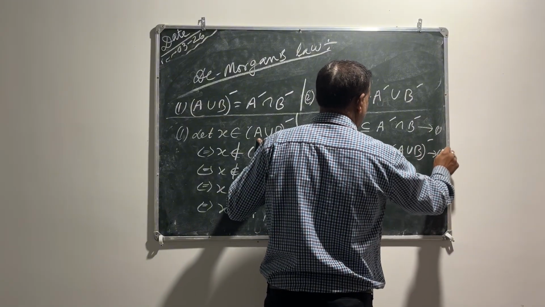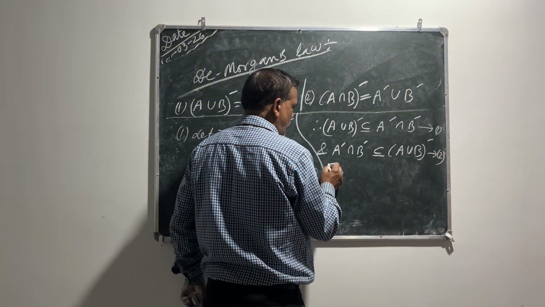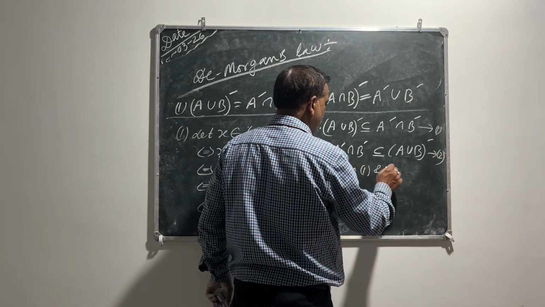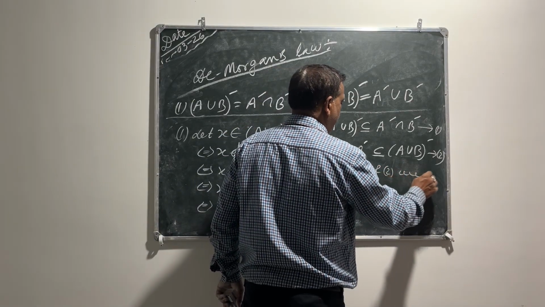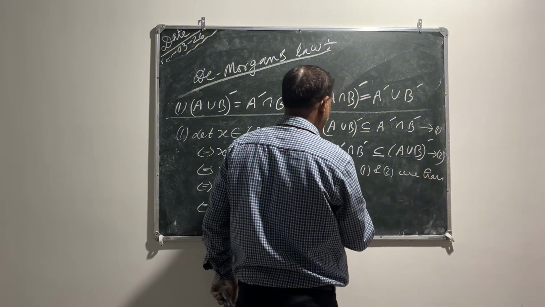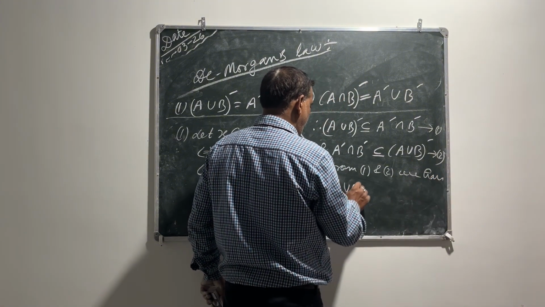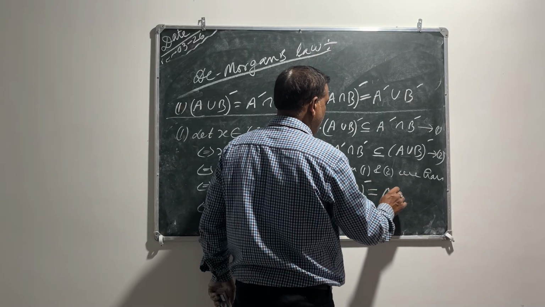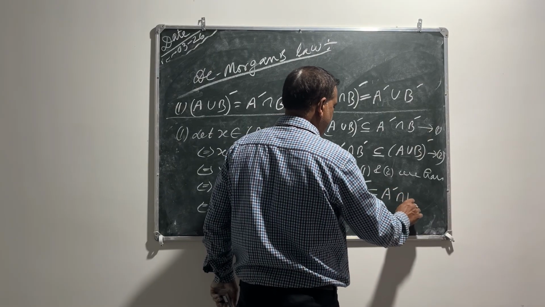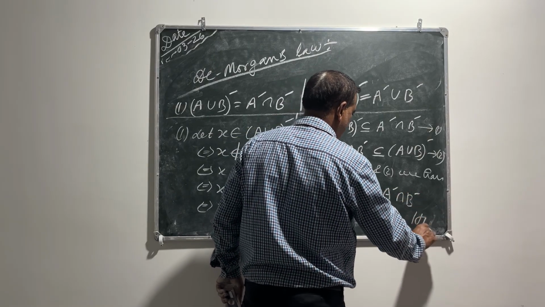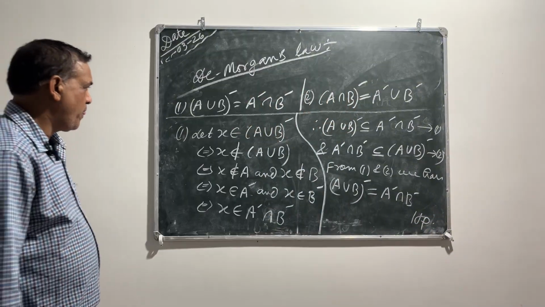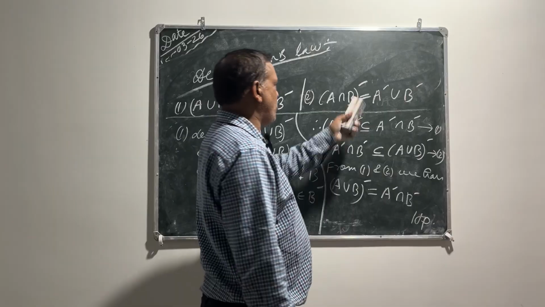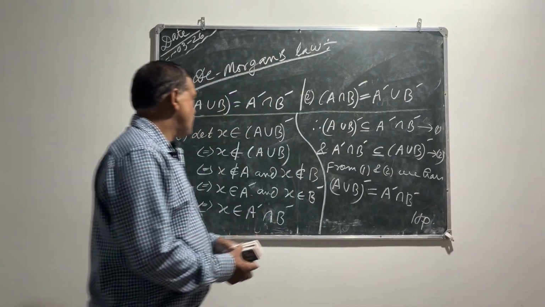So combining 1 and 2, we have (A union B) whole complement equal to A dash intersection B dash. Similarly, we can show the second part of De Morgan's law also, the same way.